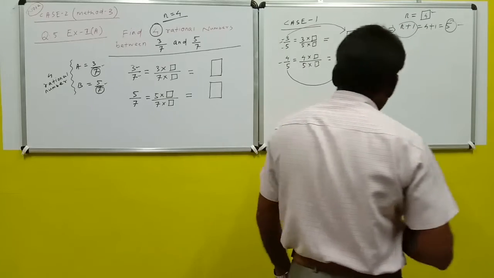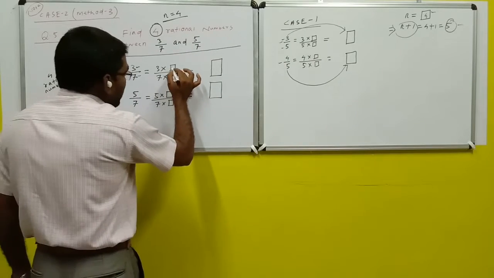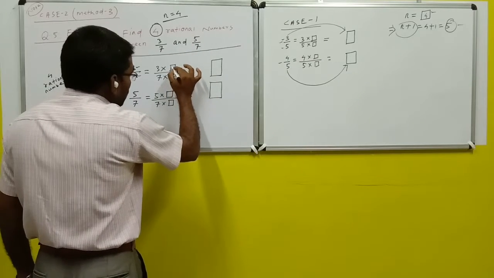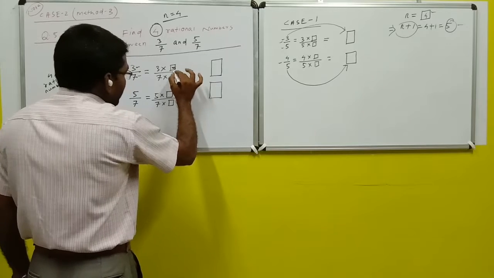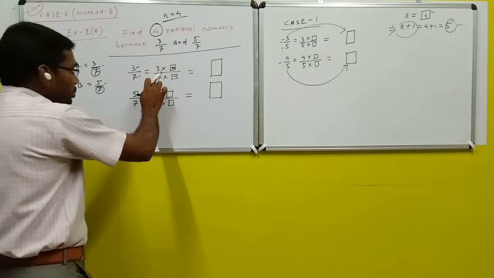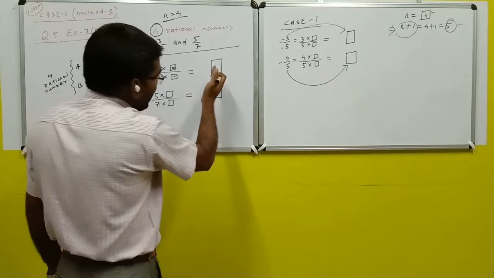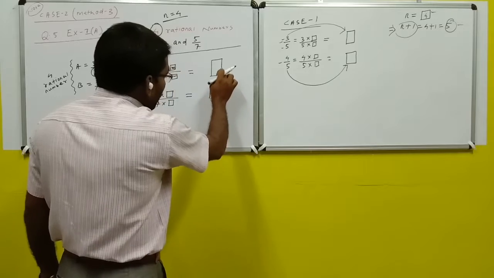It is very easy. But in this case, what will be the suitable number? That to be multiplied by the numerator and denominator of this rational number and also this rational number in order to change them into their equivalent rational numbers.